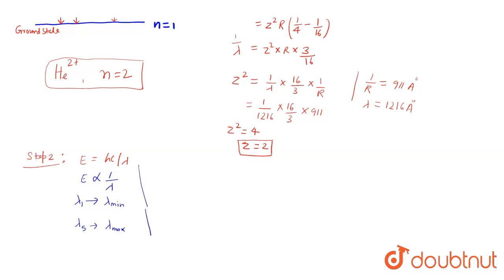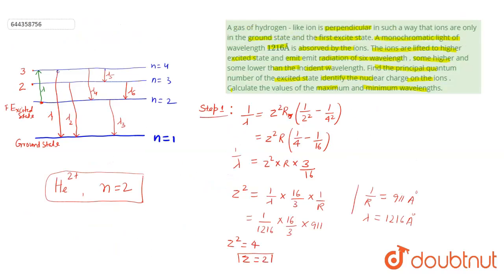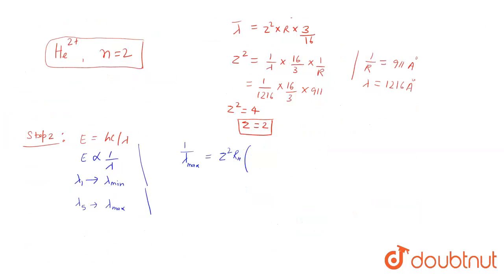Okay, so for lambda max, 1 by lambda max is equal to, because here this is for helium, Z square RH, and it is the transition. Lambda 5 is 4 to 3. That means it is 1 by 3 square minus 1 by 4 square.